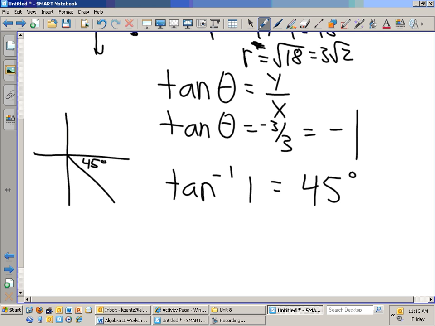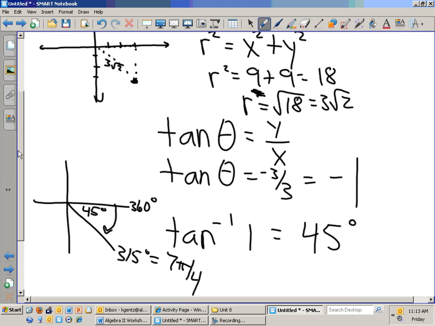As you subtract that from 360, you get 315 degrees, which is the same thing as 7 pi over 4. So there we've solved for theta. Our coordinate is r is 3 square roots of 2, and theta is 7 pi over 4. And that's how you solve for it.